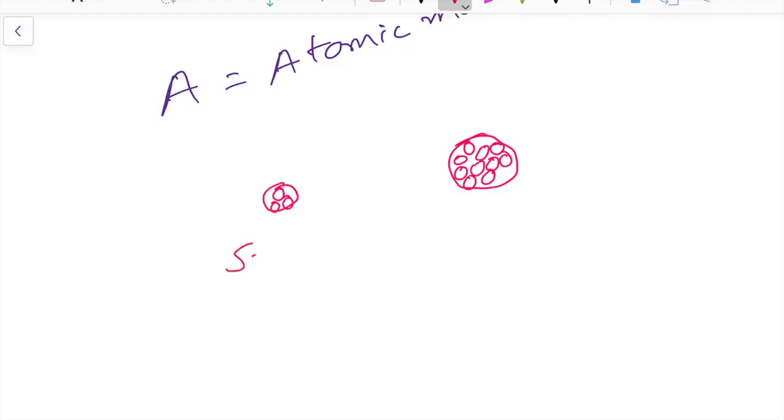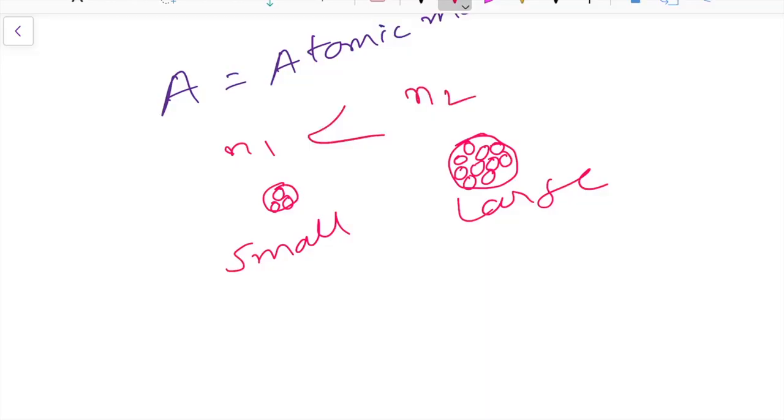This is small, this is large. As the number of nucleons increases, suppose this one is N2, the number of nucleons is more here.